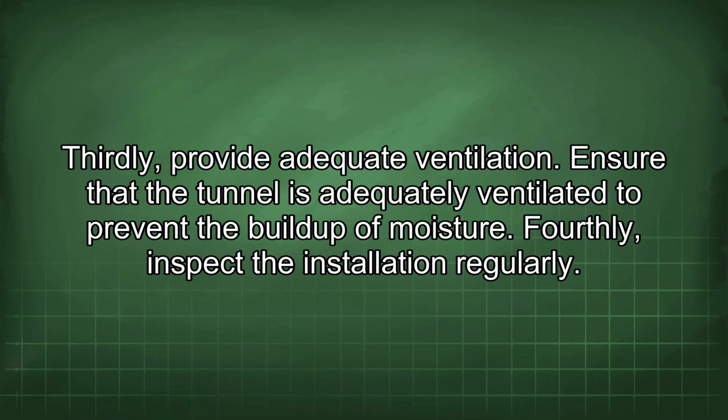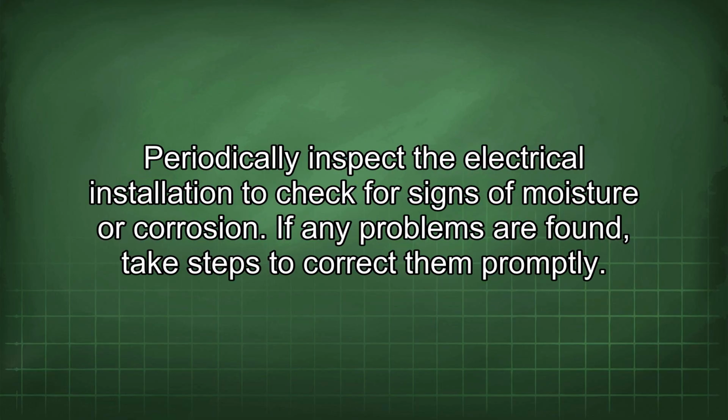Thirdly, provide adequate ventilation. Ensure that the tunnel is adequately ventilated to prevent the buildup of moisture. Fourthly, inspect the installation regularly. Periodically inspect the electrical installation to check for signs of moisture or corrosion. If any problems are found, take steps to correct them promptly.